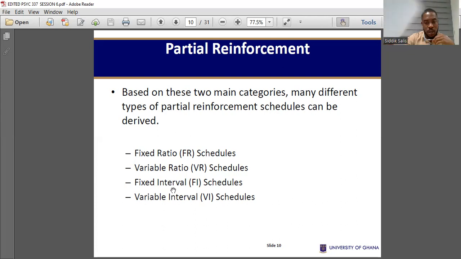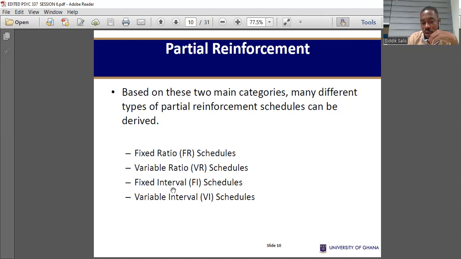It's not about the number of files you are dealing with, or the number of loaves of bread you are producing. It's about the time you are spending on doing the thing. So if you spend 1 hour, you'll be given 10 cedis. 2 hours will be what? 20 cedis. 3 hours will be how much? 30 cedis. So that's fixed interval according to the time.